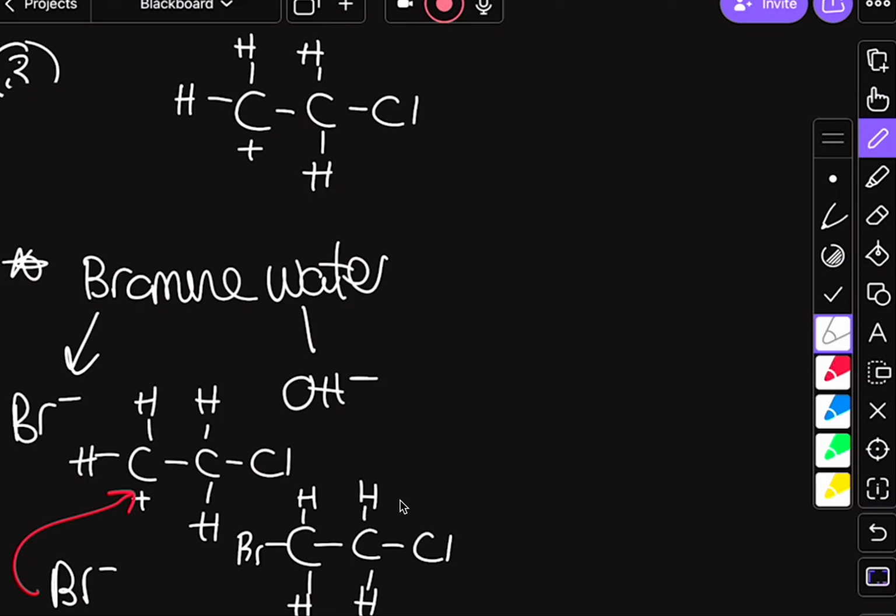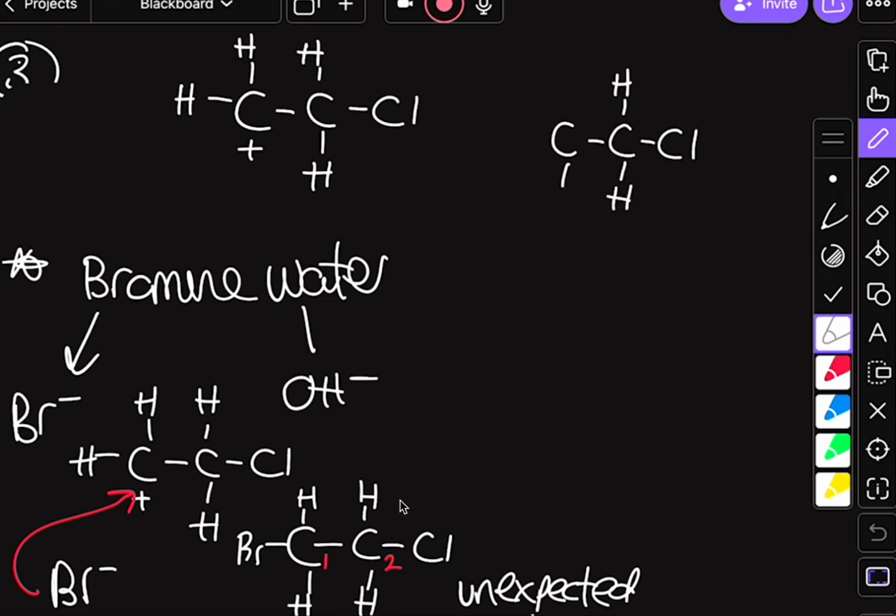this molecule, and again we name alphabetically and number alphabetically. So this would be 1 bromo, 2 chloro, and it's a 2 carbon saturated molecule, ethane, and this is unexpected. The other option for our carbocation is if we have the OH minus from the dissociation of water.